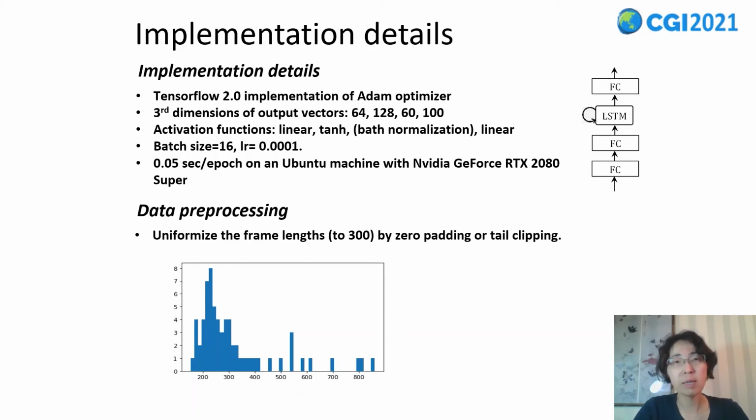To feed in as input to the neural network, these sequence data need to be rearranged as a multidimensional tensor of a fixed shape, which means we need to uniformize the number of frames of all motion sequences. Based on this histogram of motion clips according to their frame length, we heuristically chose a frame length of 300 and zero-padded at the end for shorter sequences and tail-clipped longer ones.